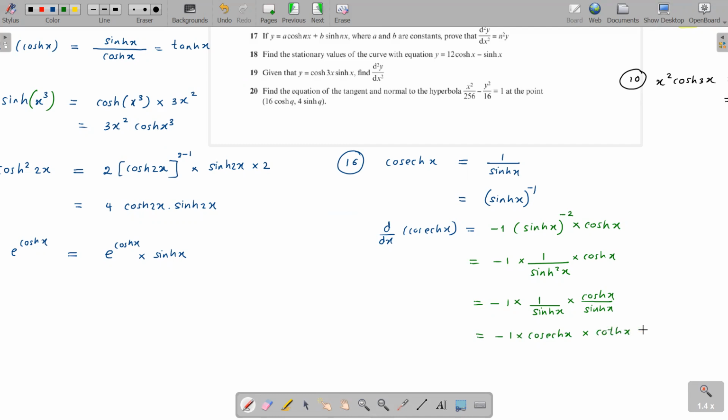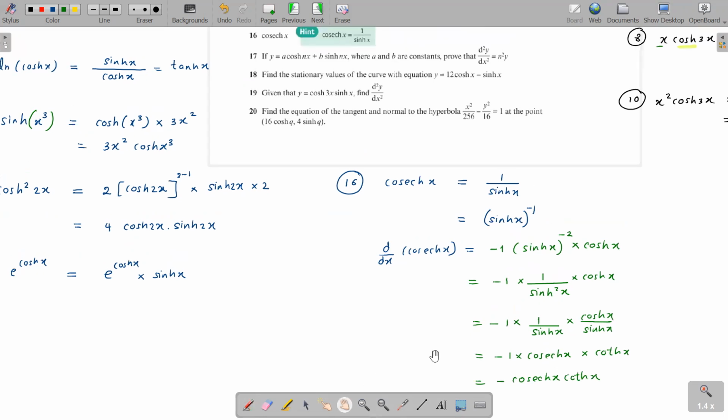Tan x is sin over cos and cot is cos over sin in trigonometry, so in hyperbolic this is coth x. So this is what we wanted to prove: minus cosech x coth x. Is that clear? So this is what we wanted to prove.